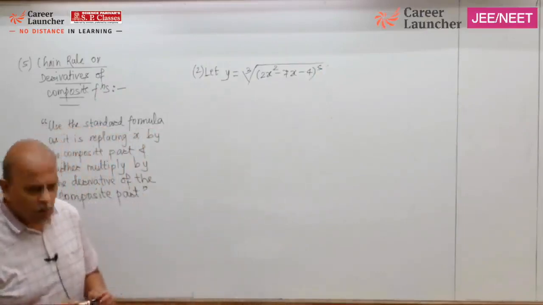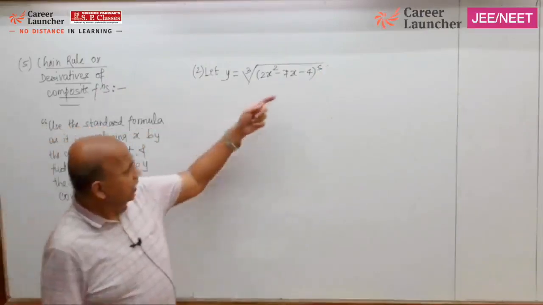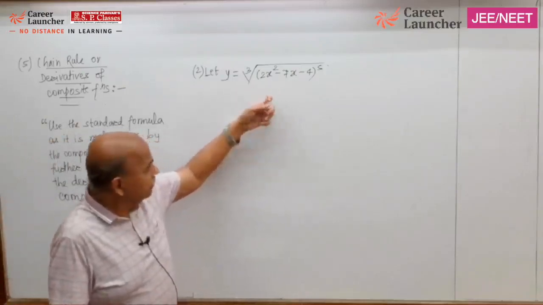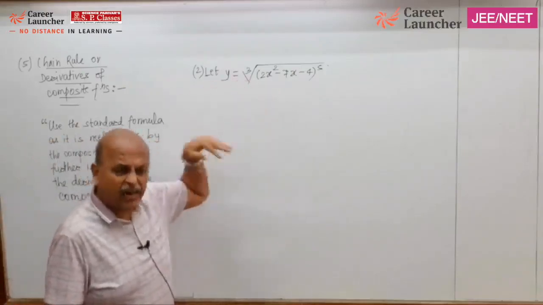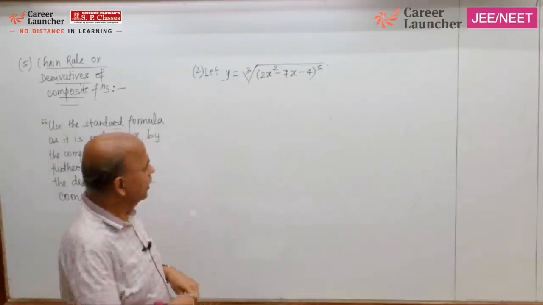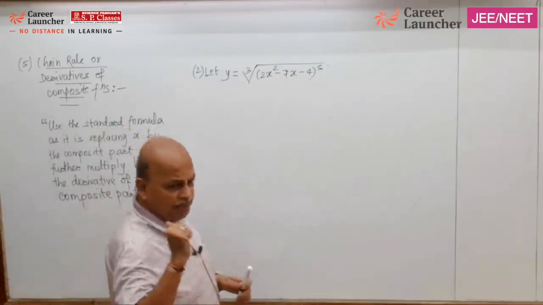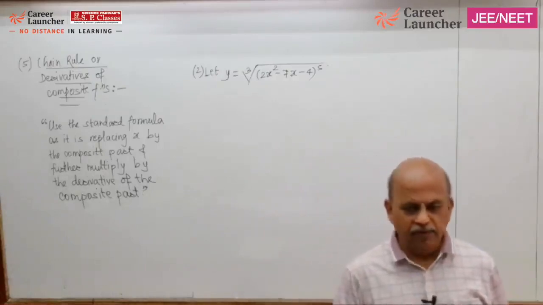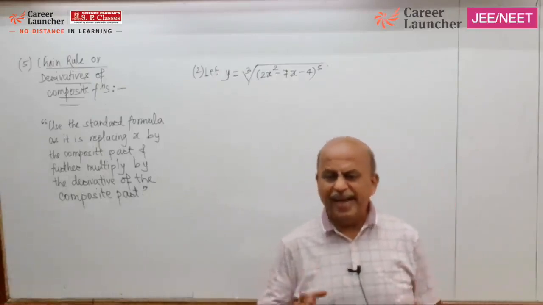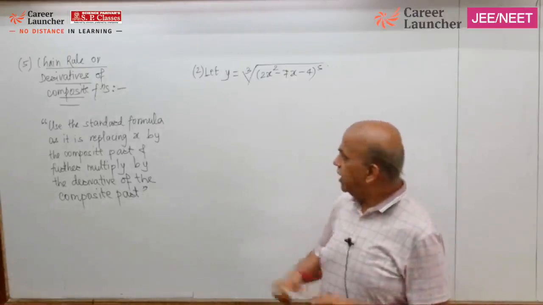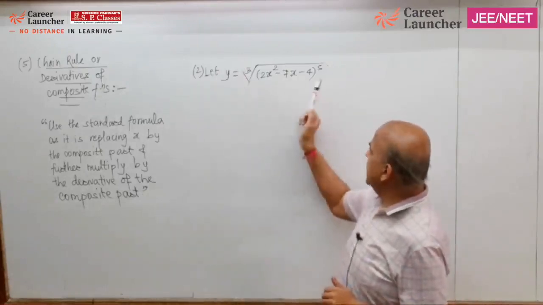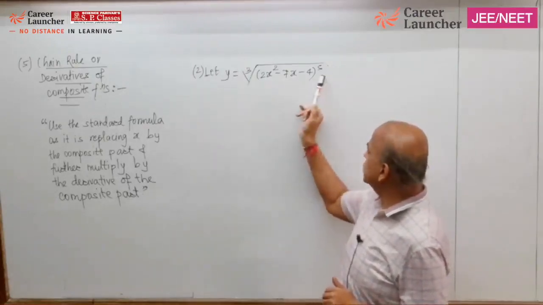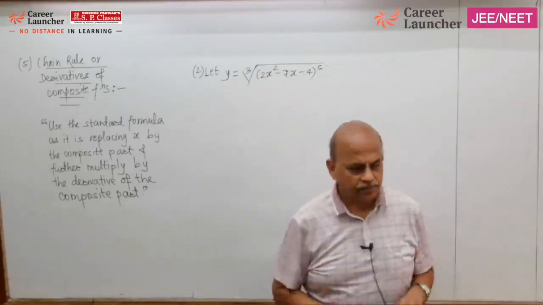See, sometimes we have to bring the given question into the standard form first. For that, I am going to simplify this particular function by using our knowledge of laws of indices. Cube root of something raised to 5, will it not be something raised to 5 upon 3?